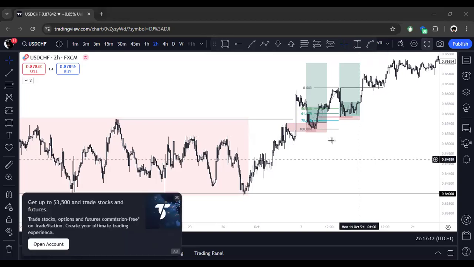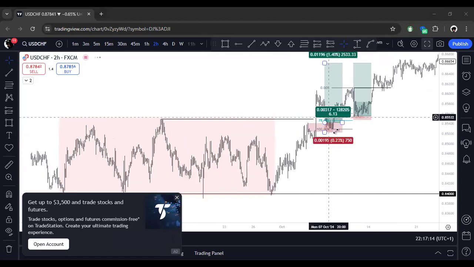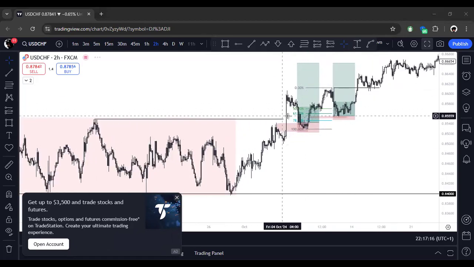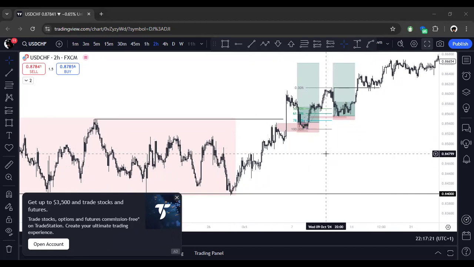Okay. So stuff like this, you shouldn't really expect too much of a pullback just yet, immediately after an impulsive breakout like that.